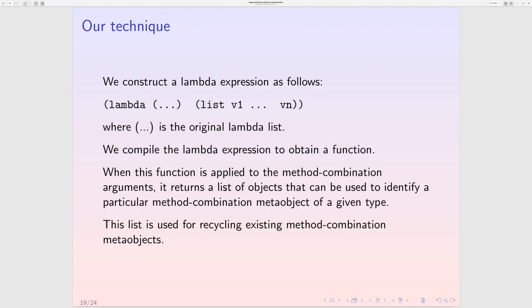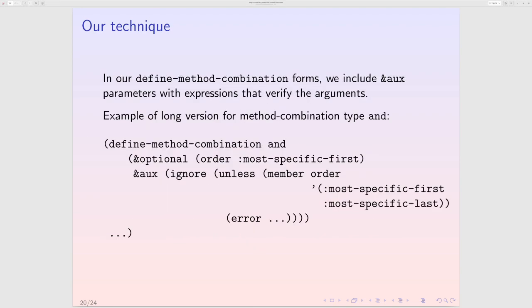When this function is applied to the method combination arguments, it returns a list of objects that can be used to identify a particular method combination metaobject of a given type. We use this list for recycling existing method combination metaobjects. In our defined method combination forms, we include aux parameters that have initialization expressions that verify the arguments.